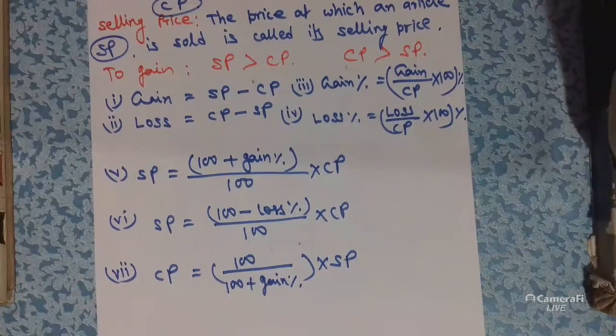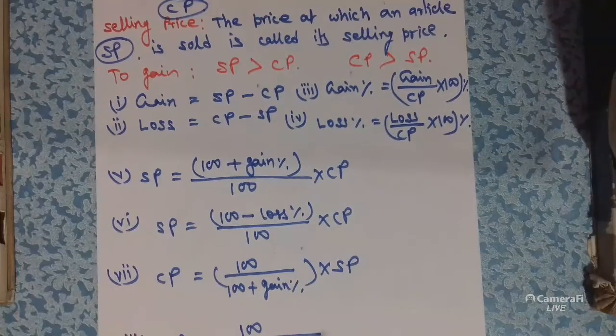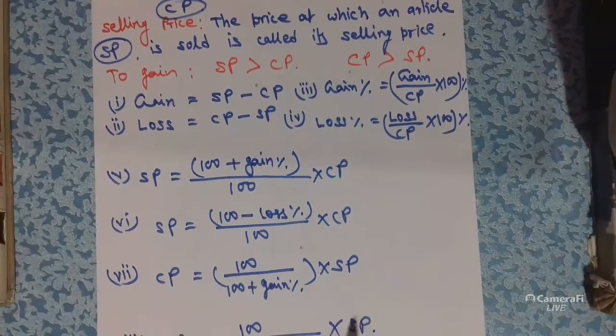Similarly, when selling price and loss percent are given, then we find cost price by using this formula: 100 by 100 minus loss percent multiply selling price.